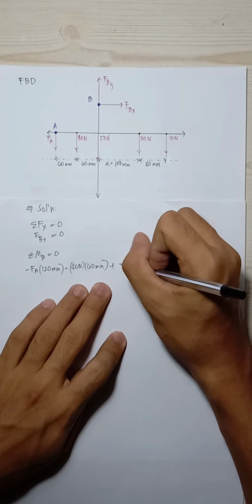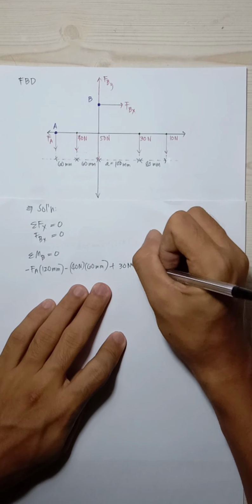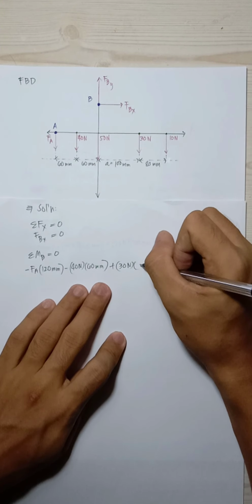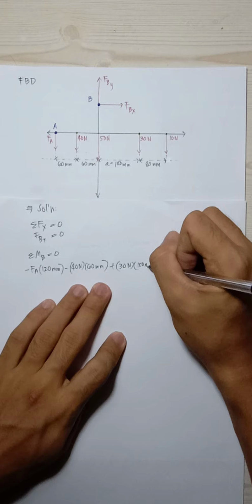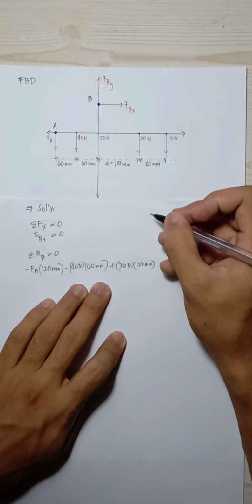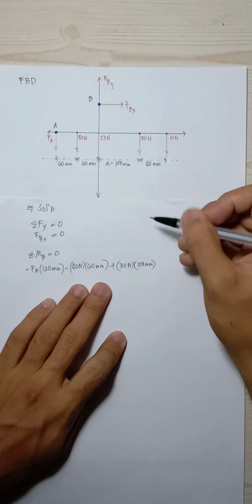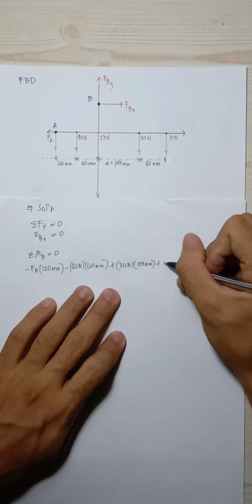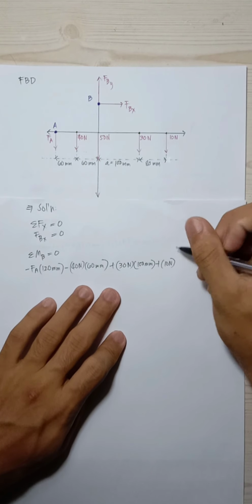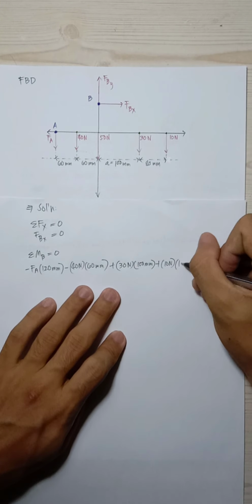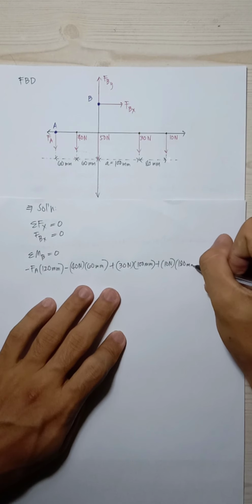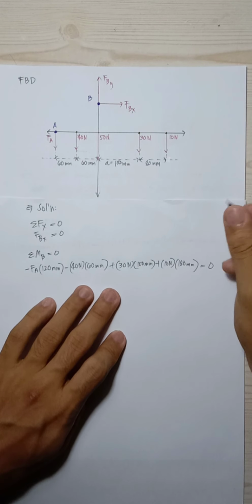Plus 30 Newton times 100 millimeters, since alpha is equal to 100 millimeters. Plus 10 Newton times 100 plus 80, which is equal to 180 millimeters, all equal to 0.